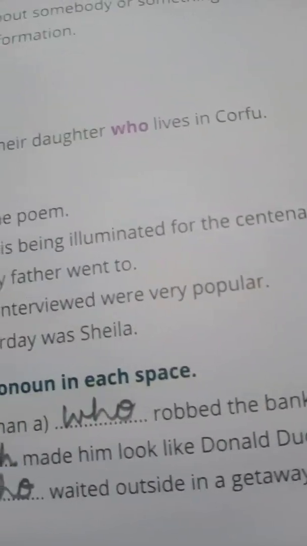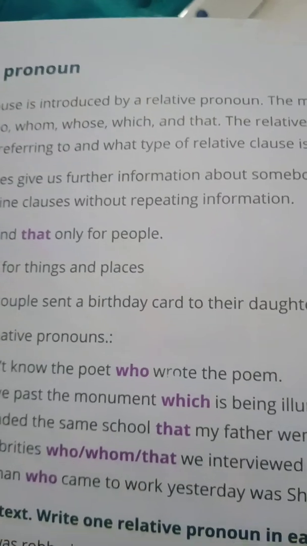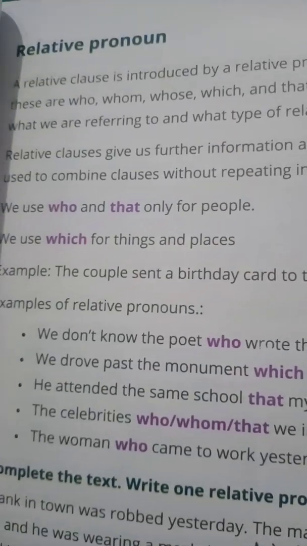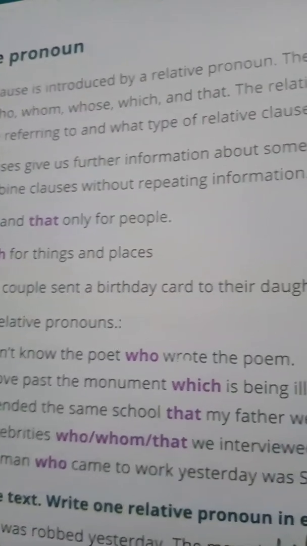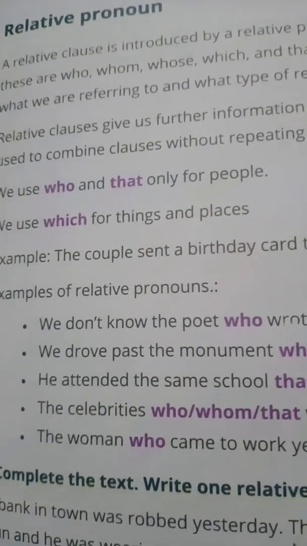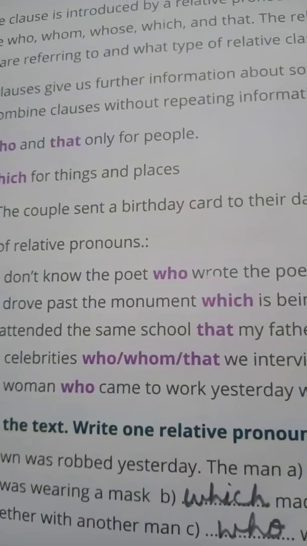So these are a few examples of relative pronouns. So once again, the relative pronouns are the ones which are used in a sentence to introduce the relative clause. And which words are the relative pronouns? Who, whom, whose, which and that. And for this, who and that are used for people, and which is used for things and places.